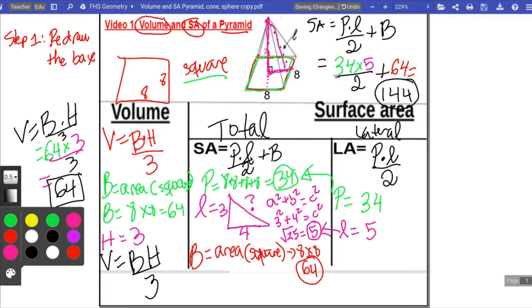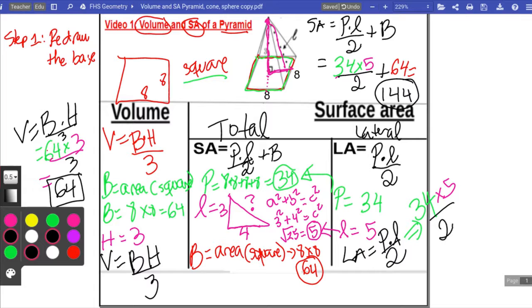All right, now just do your math from that part. LA equals P times L divided by 2. So let's bring the work over here. We do 32 for the perimeter, slanted height 5, divide that by 2.